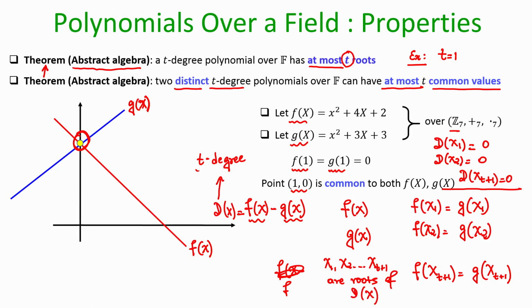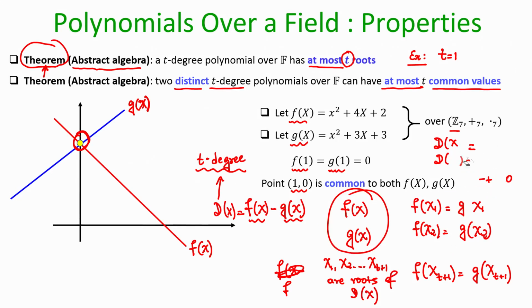But d of x has degree t, hence it can have at most t roots as per this first theorem, yet I am showing you that d of x will have more than t roots, and that is not possible. That means, whatever I assumed regarding f of x and g of x is incorrect. I assumed that f of x and g of x have t plus 1 common values, that is an incorrect assumption, hence they can have at most t common values.